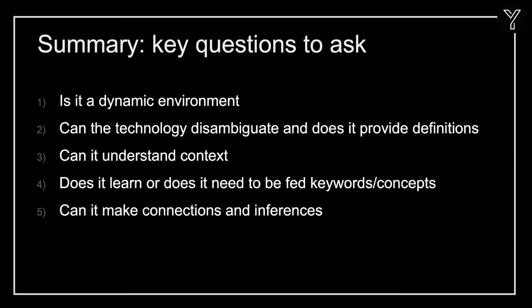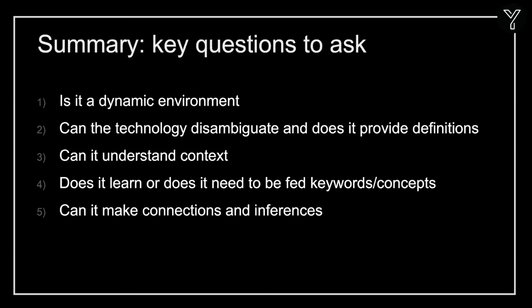So is the technology capable of disambiguating? And we saw that from the technical perspective, from the NLP, natural language processing, and machine learning perspective, it's not a trivial task. Can the technology understand the context? Understanding the context is extremely important and powerful, because the fact that we can disambiguate really comes from the context, and different connections in our knowledge graph can be formed with different strength based on the contextual information.